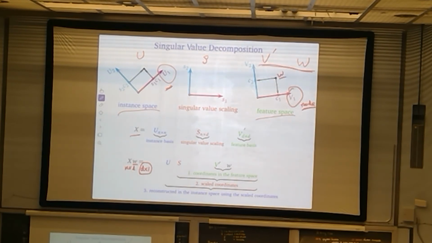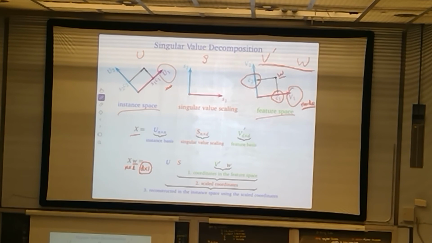So when I have a W, the action of X applied to W, first thing is to project onto this input space, because it's a proper coordinate system. I get a projection coefficient C1 and a C2. The second step is to do the scaling. I'm going to take C1, C2 and scale them accordingly.